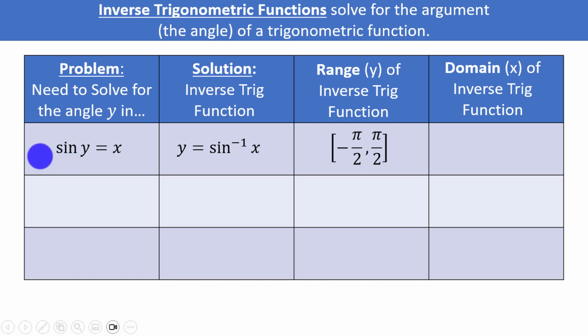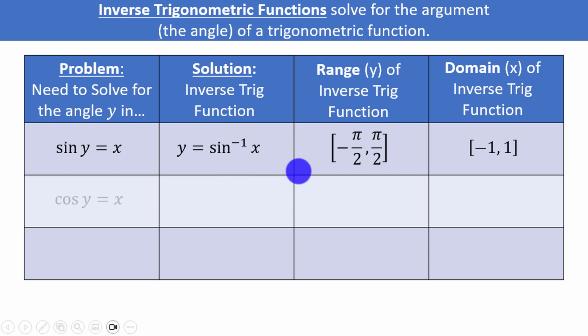Or if you're thinking of the graph of sine, it never gets larger than 1 or less than negative 1. So the domain is going to be between negative 1 and 1. If you plug into inverse sine anything bigger than 1 or smaller than negative 1, you're going to get an error. Maybe you put in 1.5. Then you're basically asking your calculator, sine of what gives me an answer of 1.5? Well, there's no value you can plug into sine to get an output of 1.5, so there would be no solution there.